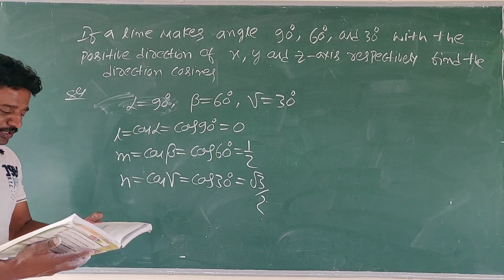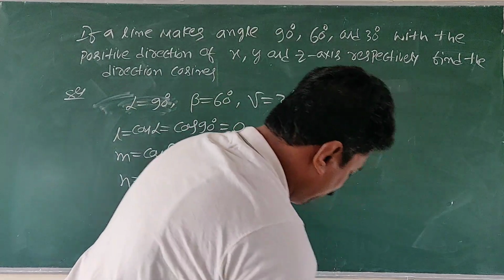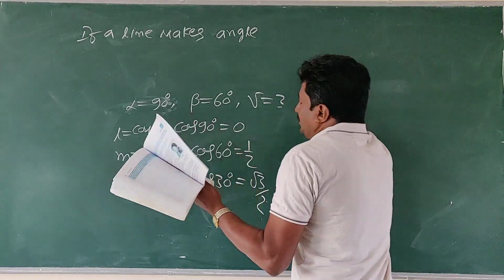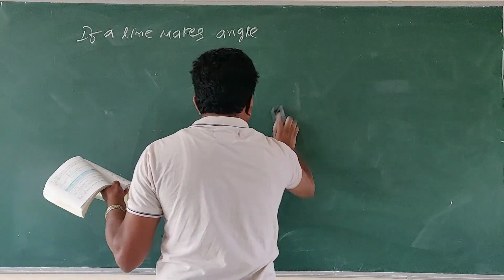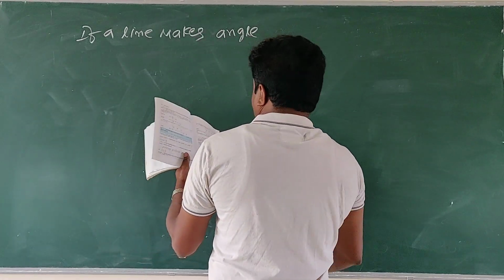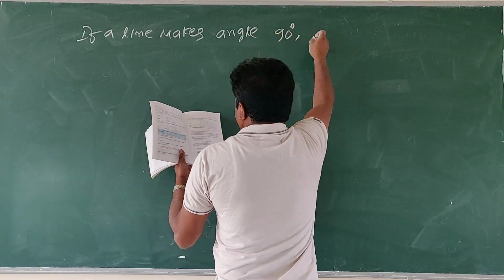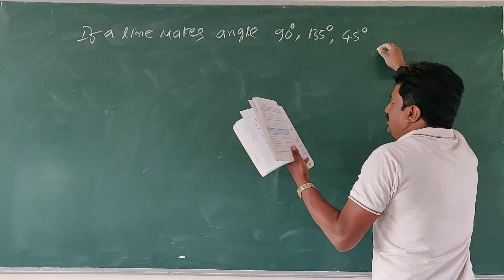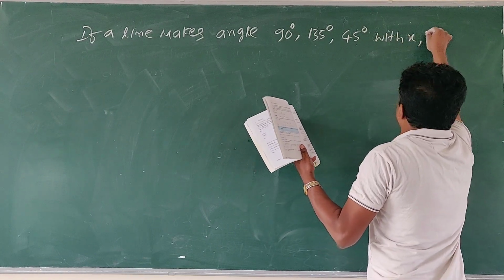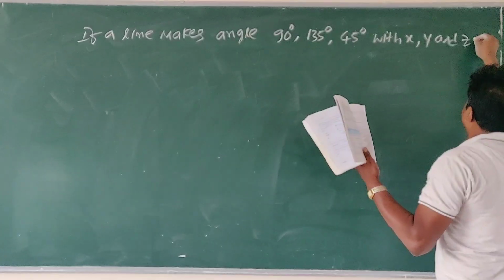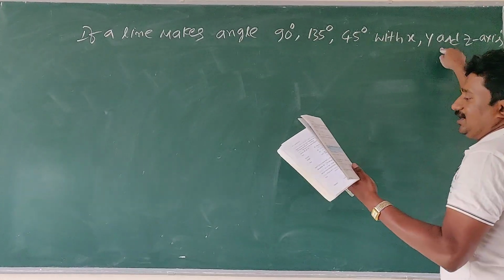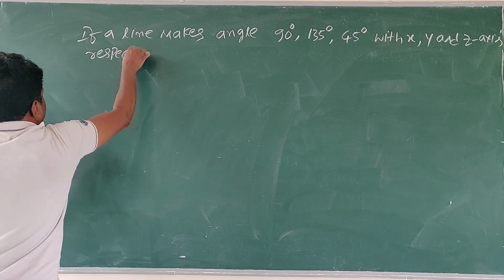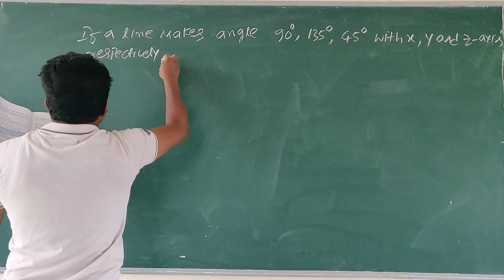Let us solve one more question of the same type. If a line makes an angle 90 degree, 135 degree, 45 degree with x axis, y axis and z axis respectively, find the direction cosines.